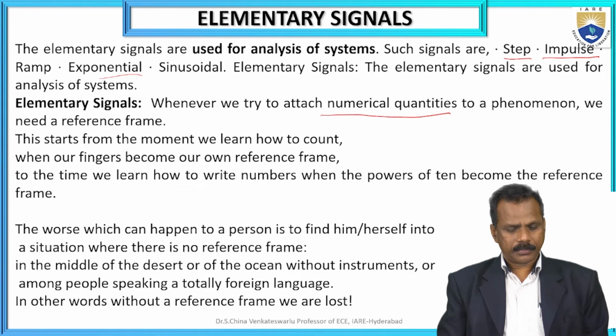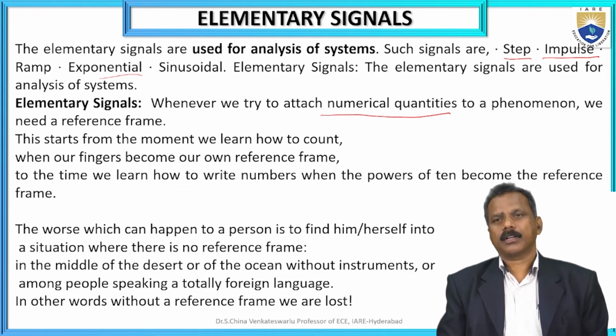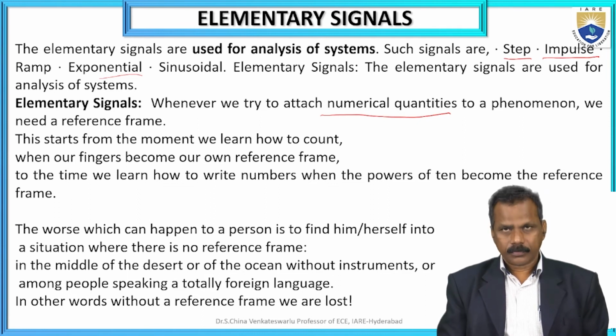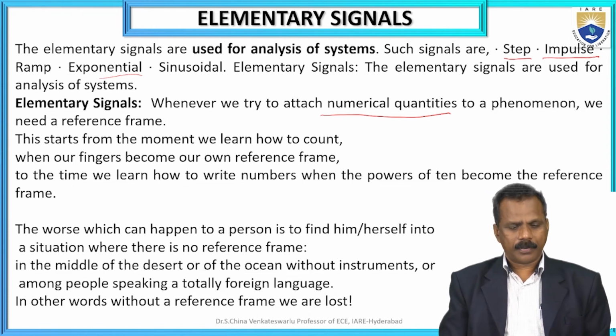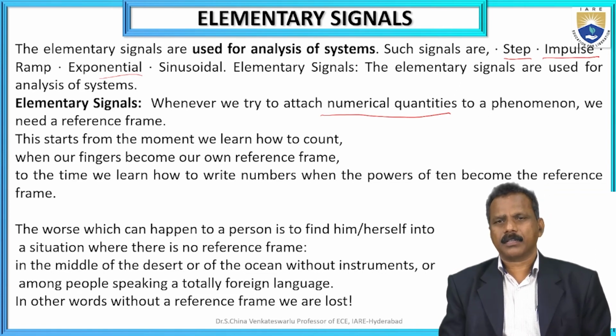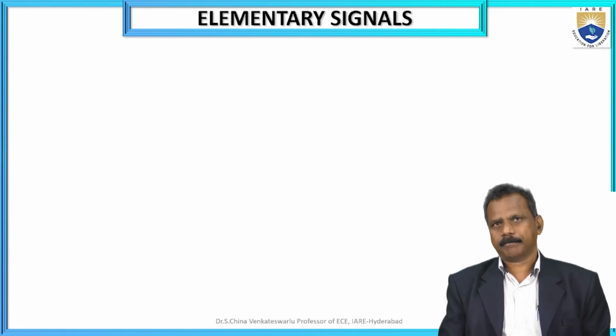In other words, without a reference frame, we are lost. There is involvement with these elementary signals. By the time we learn how to write numbers and the powers of 10, we can consider a lot of real-time examples and decide the factor.